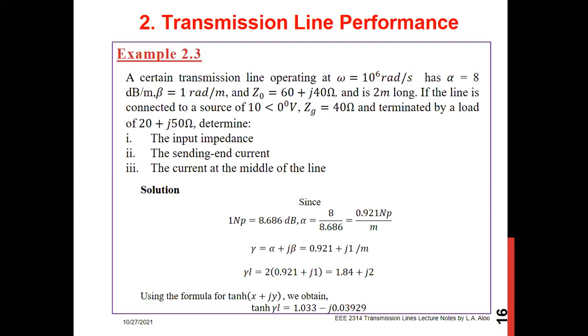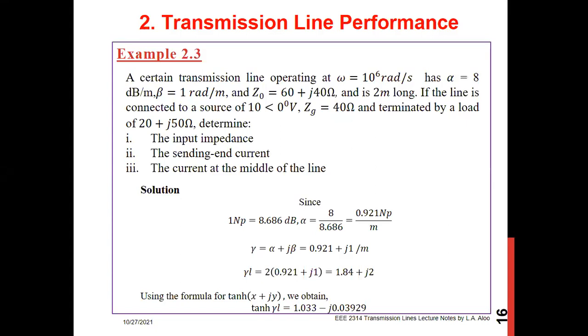If the line is connected to a source of 10 at an angle of 0 degrees volts, and the source impedance ZG is 40 ohms, and terminated by a load of 20 plus j50 ohms, determine: 1, the input impedance; 2, the sending end current; and 3, the current at the middle of the line.